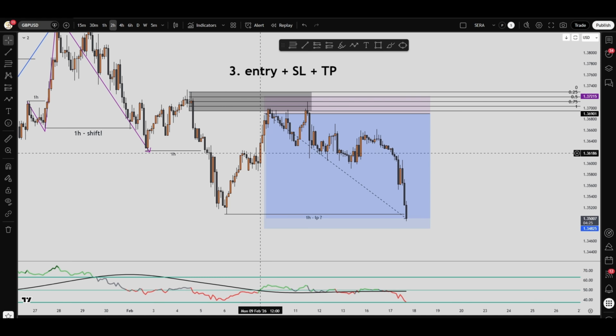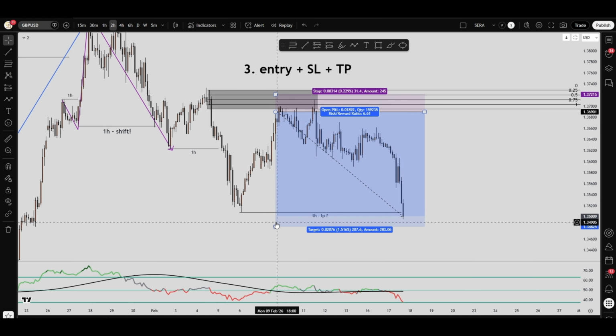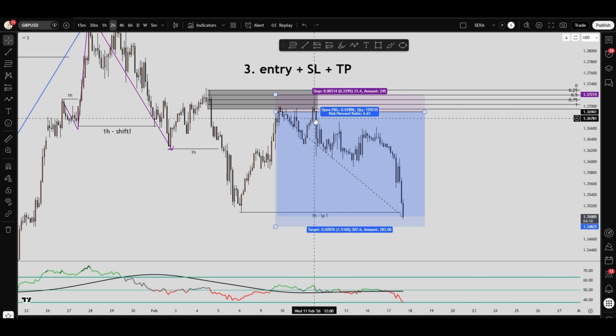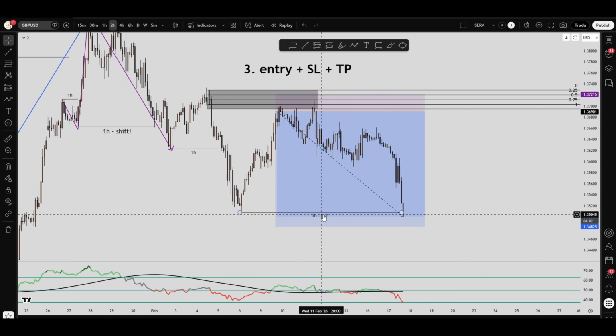However, the most common setup is entry below and stop loss above, but this is only a personal choice. Take profit is just below this low right here, because we expect, if the price continue bearish, create a new break of structure. As you can see, that already happened as we talk.